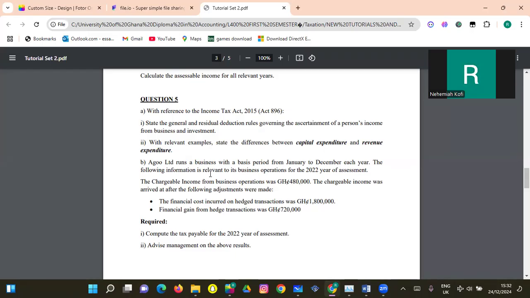The chargeable income from business operations was 480,000. The chargeable income was arrived at after the following adjustments were made, meaning that the chargeable income already includes financial cost and financial gain. Now they said we should compute the tax payable for the 2022 year of assessment. Then we should also advise the management on the result.